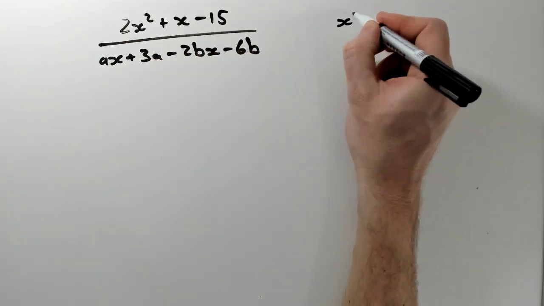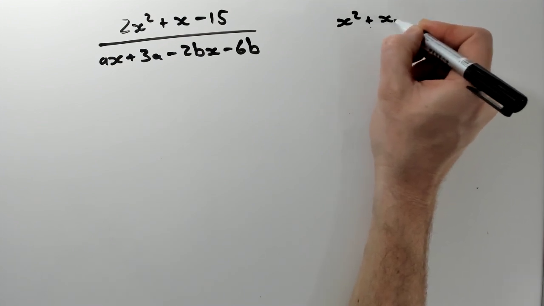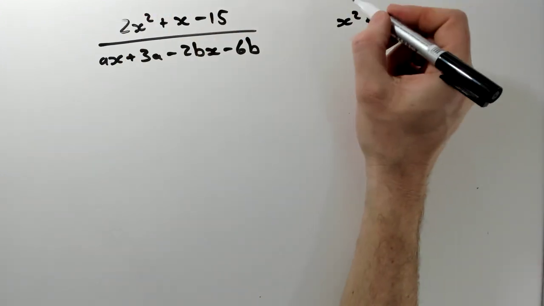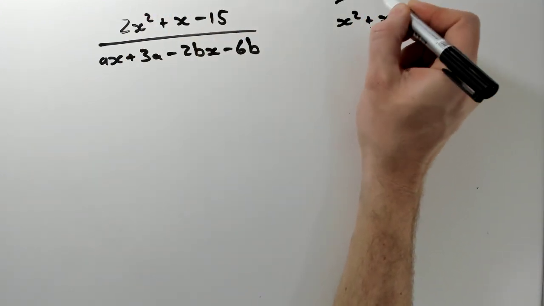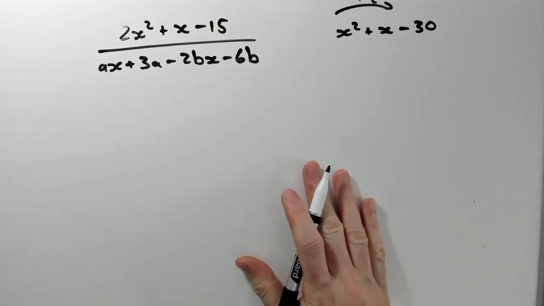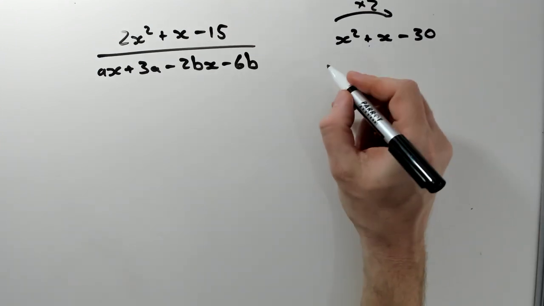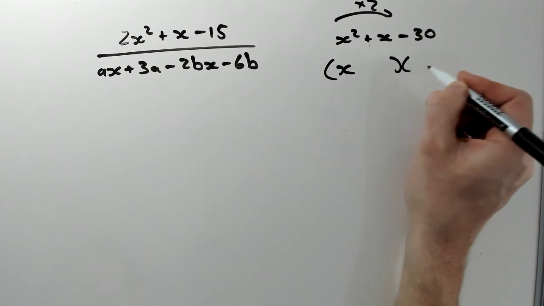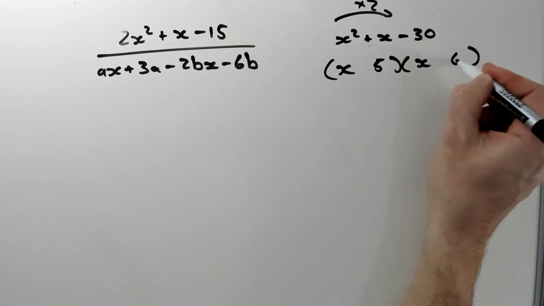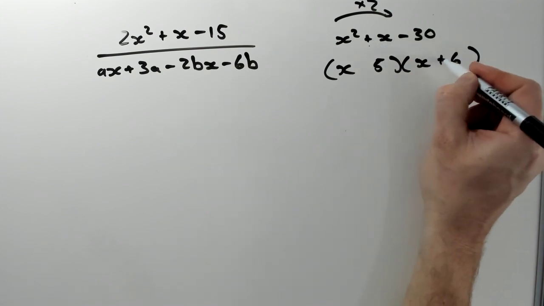I'm going to say x squared plus x minus 30. So basically I just multiplied that coefficient in there. Can't see that. There we go. And then I'm going to write my x's. And I know this is 5 and 6, and I have to get to a positive number.